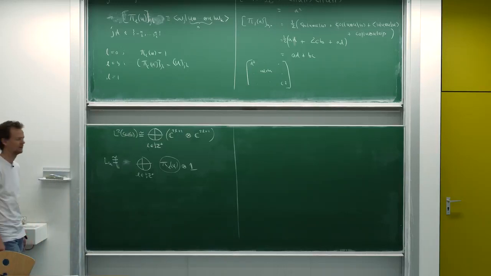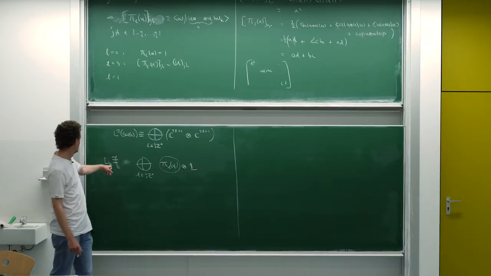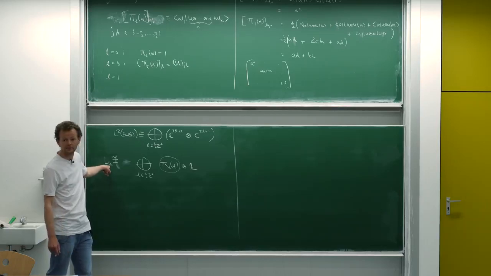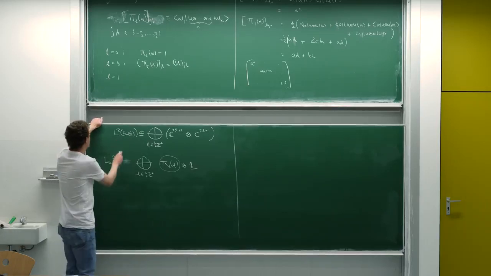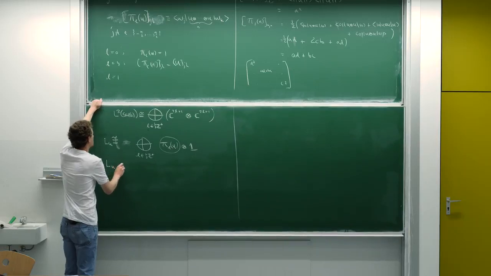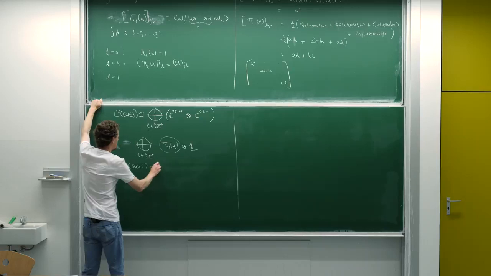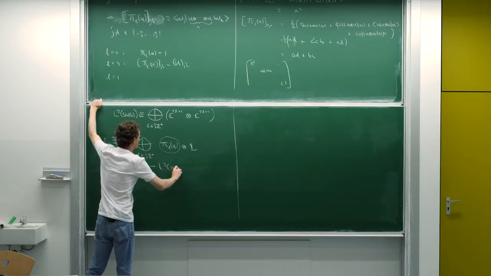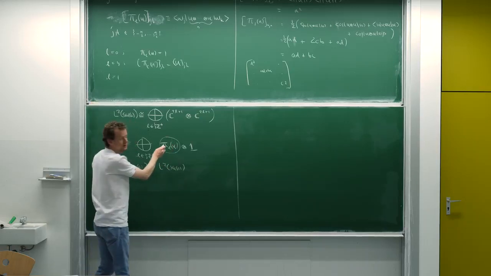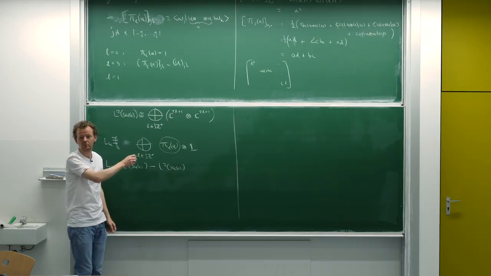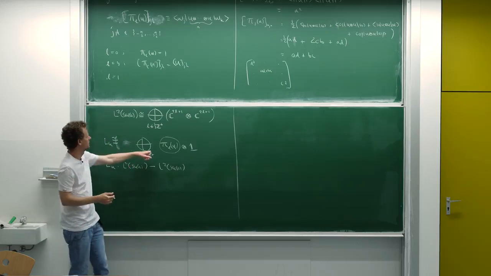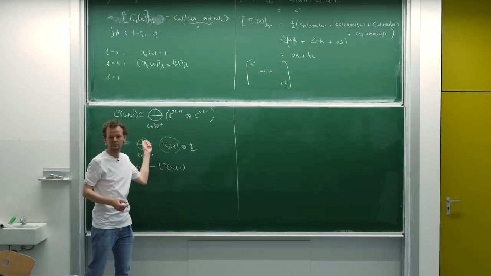I thought L_U is the operator. L_U is an operator, yes. L_U goes from L2 of SU2 to L2 of SU2. And this thing here, that's a matrix, that's an operator. So this is a matrix, this is an operator, it's all an operator.